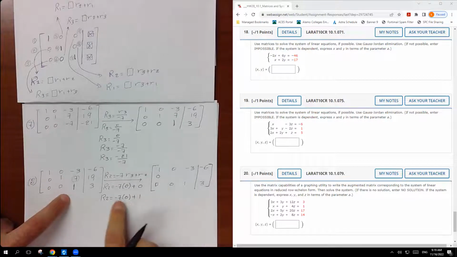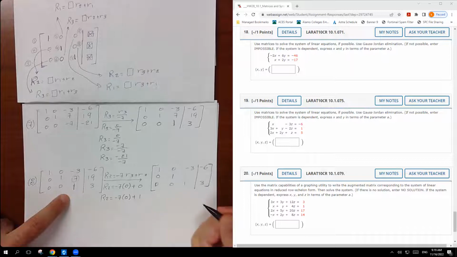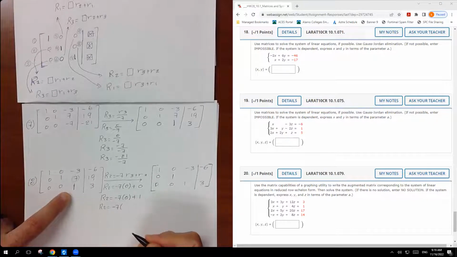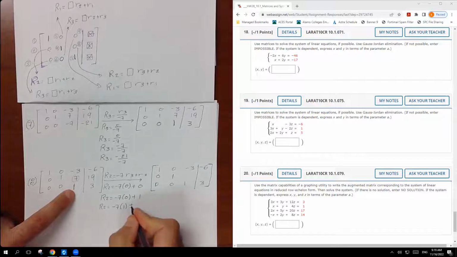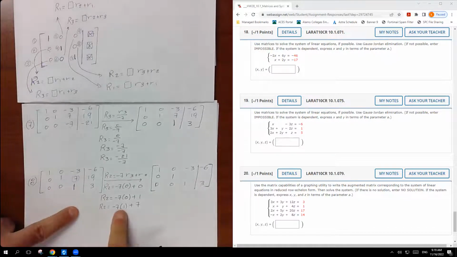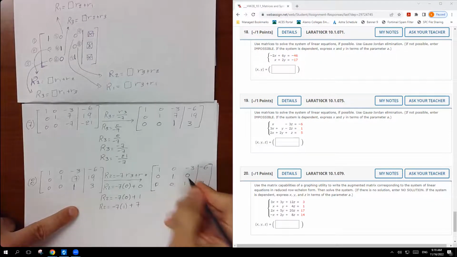So -7 times 0 is 0, plus 1 is 1. The next element is -7 times R3, which is 1, plus R2, which is 7. So -7 times 1 is -7, plus 7 is 0.